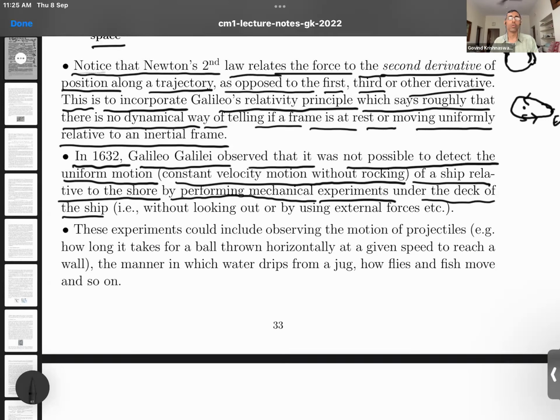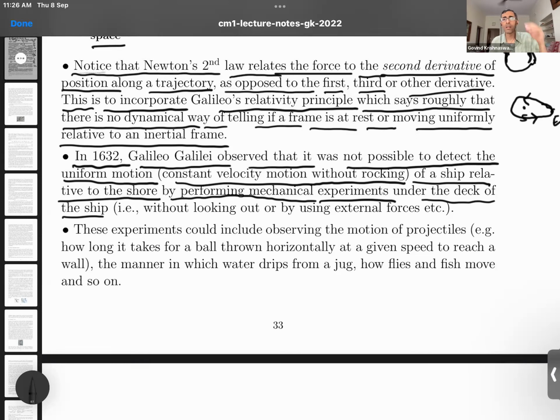Of course, you don't know that the ship is moving, so you would say there is no difference, right? So the person who made the ship move will now deduce that for a uniformly moving ship and a ship at rest, the corresponding frames, the results of physical experiments done in both are the same. So this is what Galileo is saying.